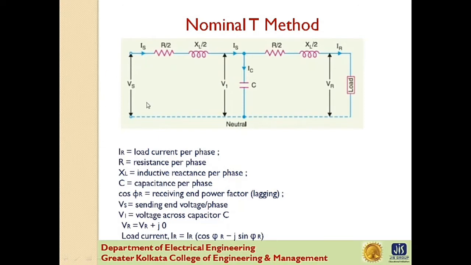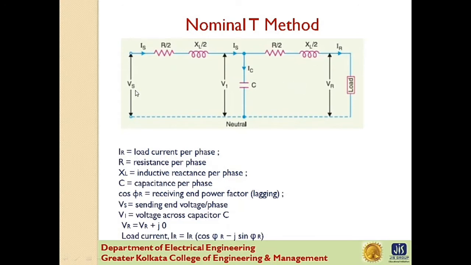Now here Vs is the sending end voltage, VR is the receiving end voltage, IS is the sending end current, IC is the current across the capacitance, V1 is the voltage across the capacitance, IR is the current across the load, and as the whole resistance and reactance are lumped either side of the capacitance, here we have resistance R by 2 and reactance XL by 2.